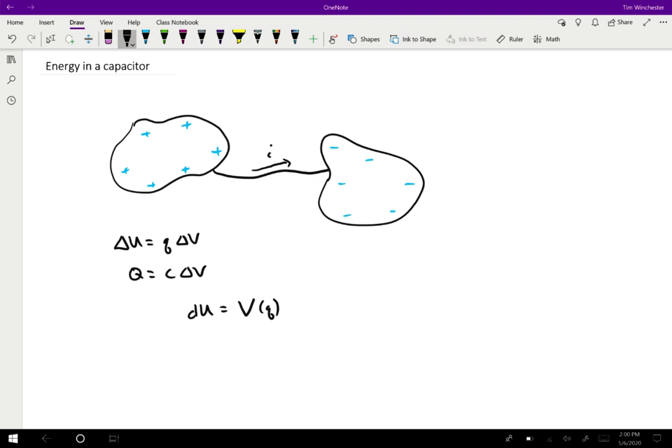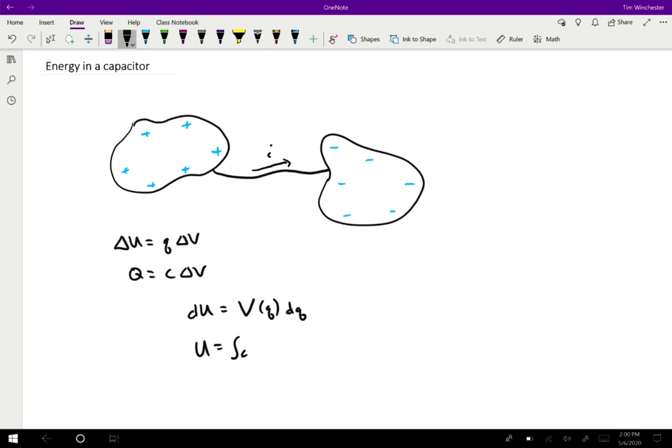Okay, so dU is going to be the potential difference at some charge times whatever amount of charge it is that I'm moving. Okay, so dq is that little bit of charge. And then if I want to find the full energy on the whole capacitor, then I'm going to have to integrate that.